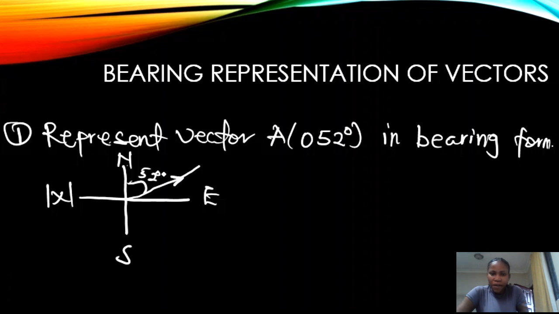The direction always matters when dealing with bearing or any representation of a vector. The direction really matters because that is what distinguishes a vector quantity from a scalar quantity. So this direction shows 52 degrees. We took it from the north going clockwise. Since 052 degrees in bearing form is between north and east, this is how we represent this vector quantity.